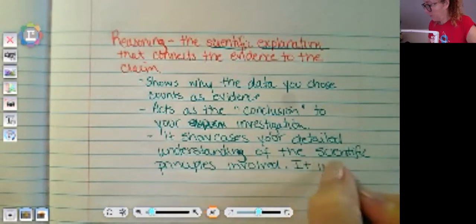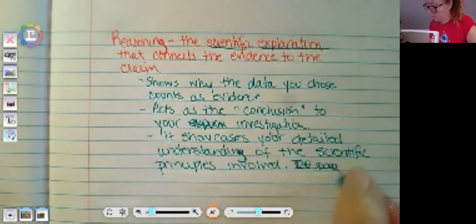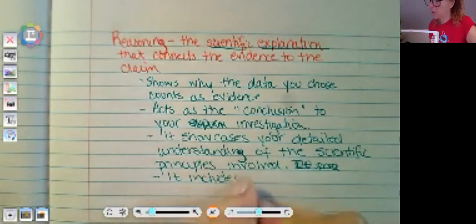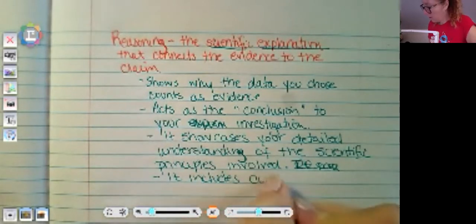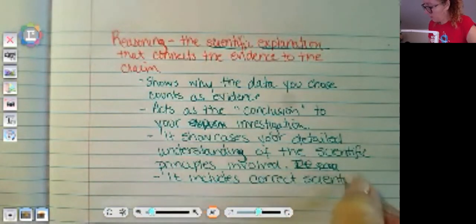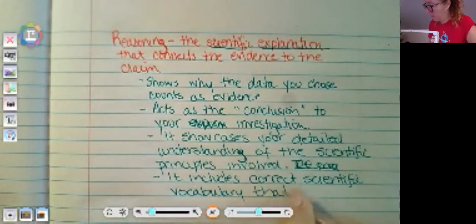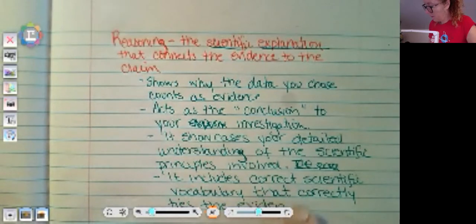It's going to include correct scientific vocabulary that correctly ties the evidence to the claim.